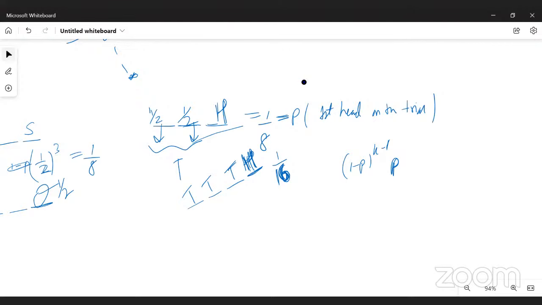Okay, probability that you get a success on the first trial is going to be half. Probability that you get a success on the second trial is 1 by 4. The success on the third trial is 1 by 8.